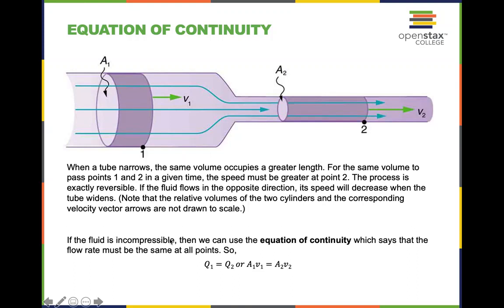If the fluid is incompressible, then we can use the equation of continuity, which says that the flow rate must be the same at all points. So Q1 equals Q2, and we have area 1, velocity 1 equals area 2, velocity 2. That is, the area of the wider cylinder times velocity 1 equals area 2 of the longer, narrower cylinder times velocity 2.